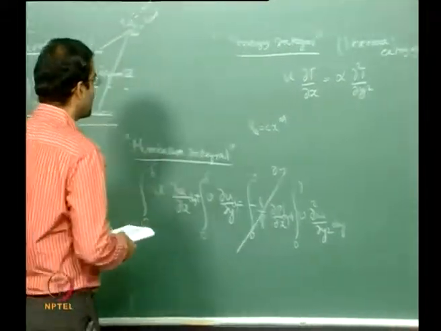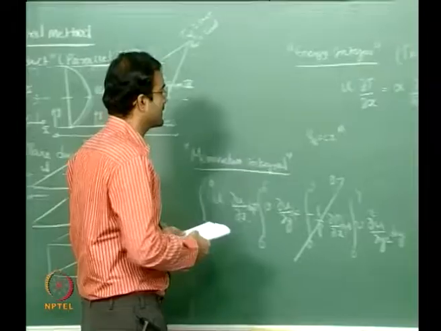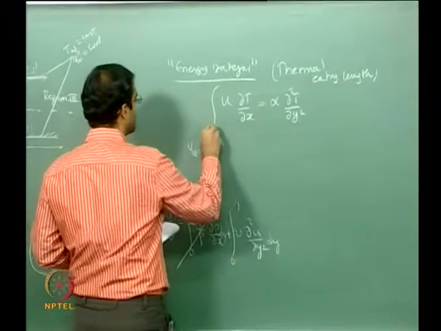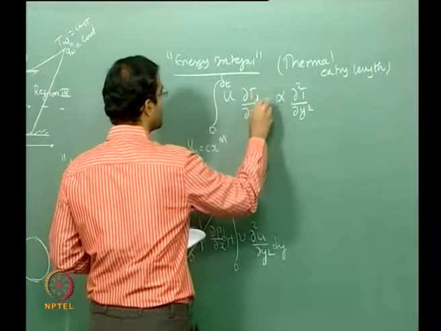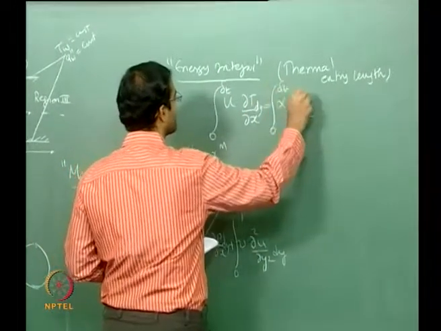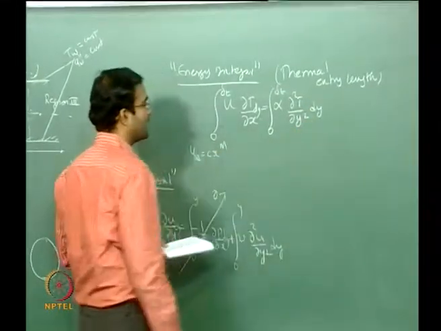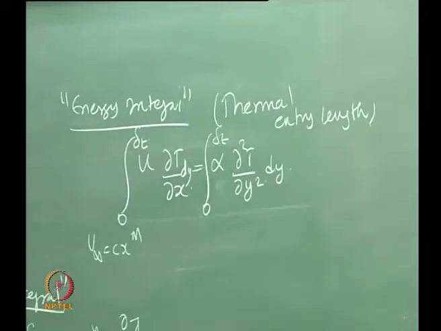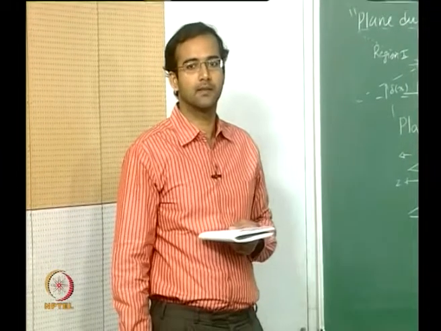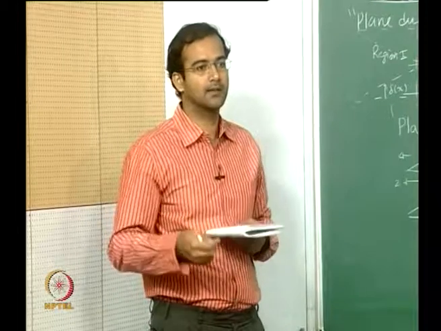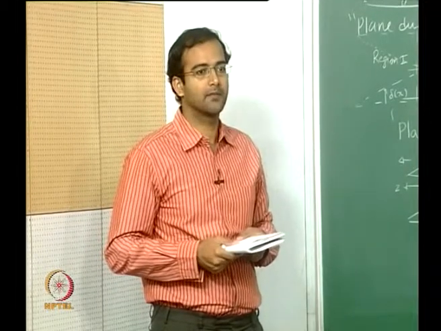In that case you can integrate this from 0 to delta t, and once again this is very similar to your flat plate energy equation. In fact, even much simpler than that. You do not have your V dT by dy term, so that becomes much easier to handle than the flat plate case.